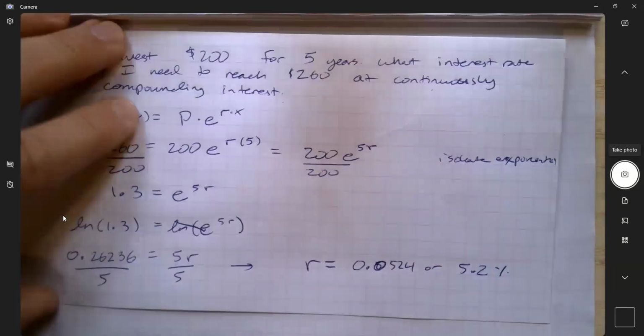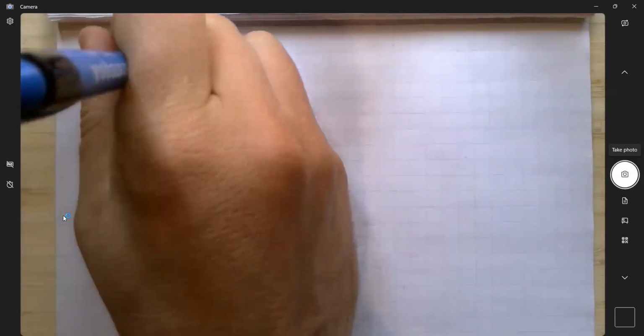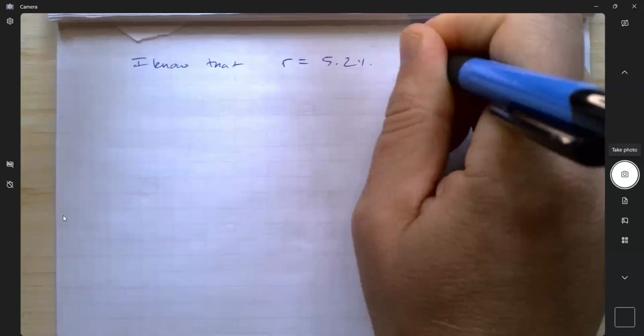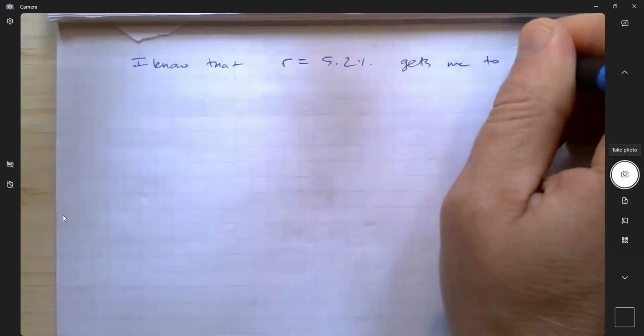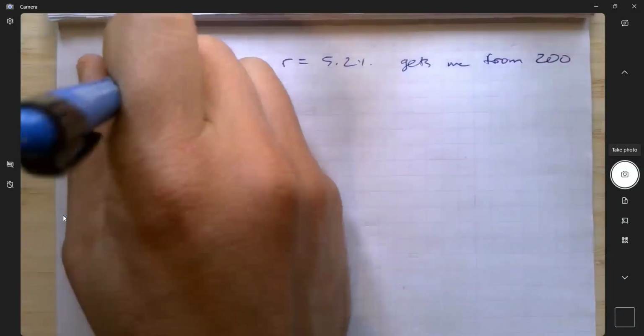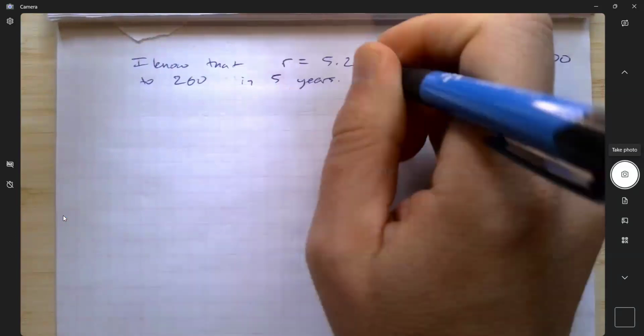Okay, one more question, one more idea. So I know that r equals 5.2% gets me from 200 to 260 in 5 years.